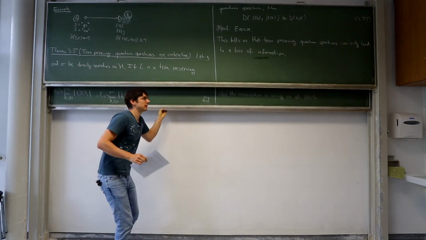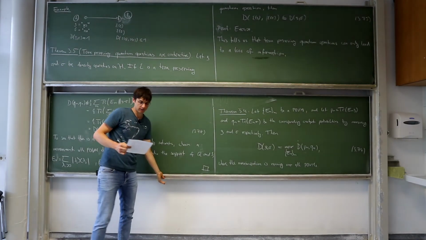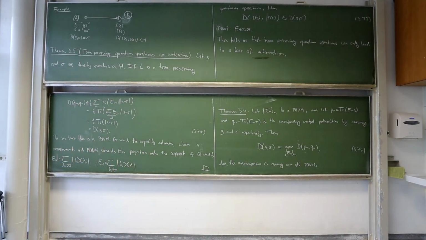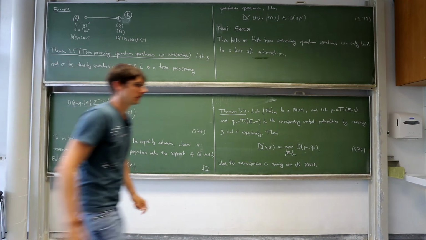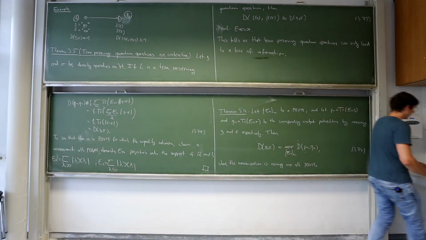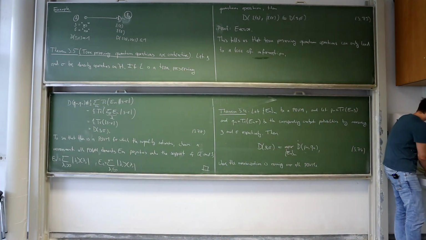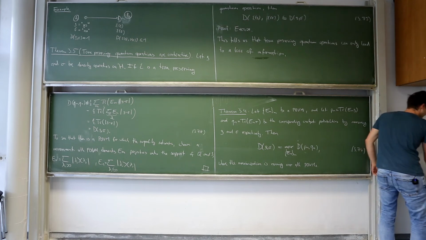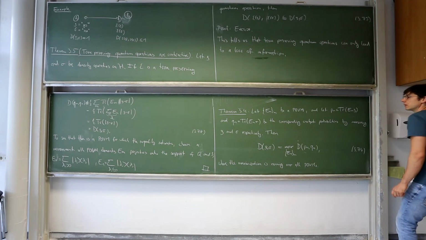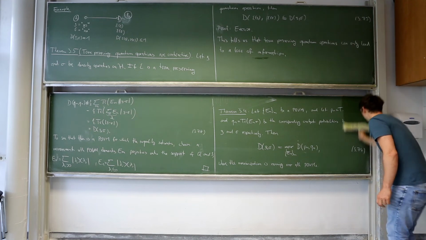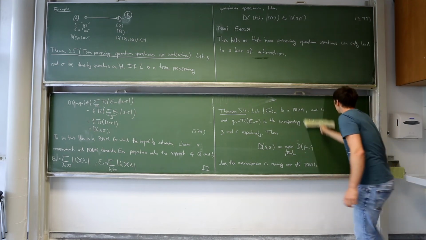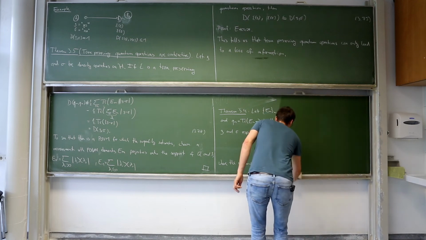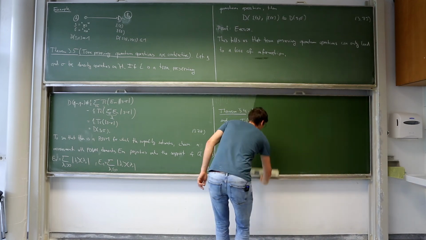So finally, I'd like to state one more property of the trace distance, and then we come to the quantum counterpart of the classical fidelity. So there's one more property that is important for the trace distance, which is its convexity property.